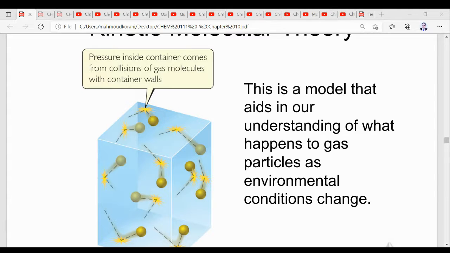As the molar mass increases, the speed decreases. If you have two gases, the lighter one has a higher root mean square value of the speed than the heavier one. It's a very, very important mathematical formula we are going to discuss later on, inshallah.